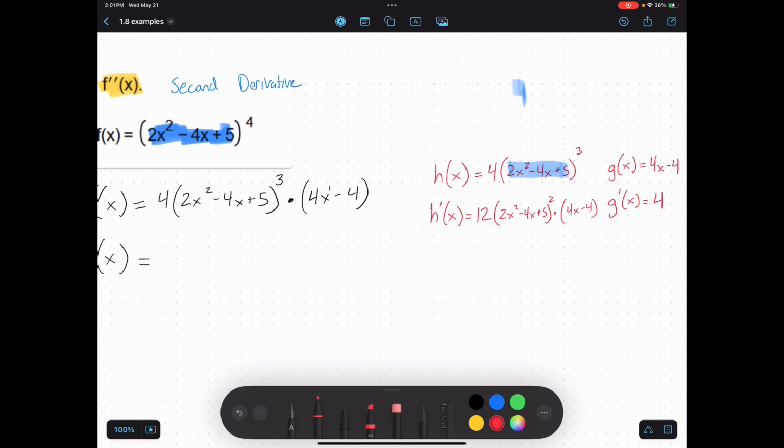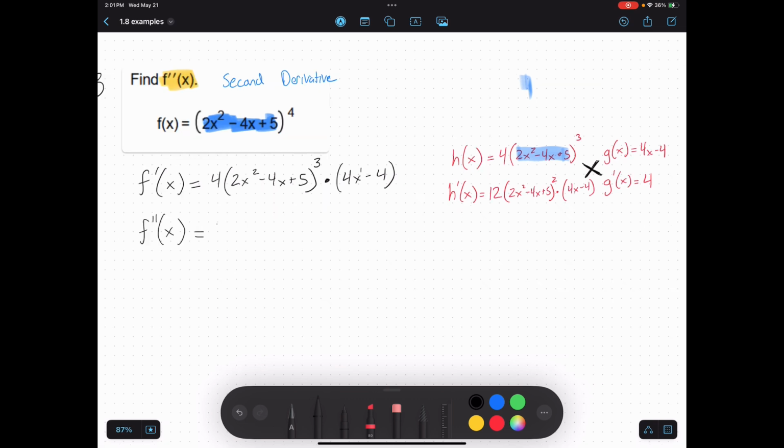Okay, so now we have both of my functions and the derivatives of each of them, and now I can put it together by cross multiplying. So h times g prime, I get 4 times 2x squared minus 4x plus 5 raised to the 3rd power times 4.